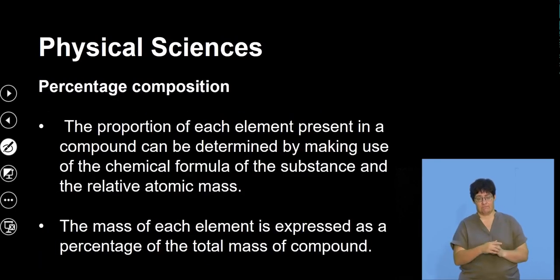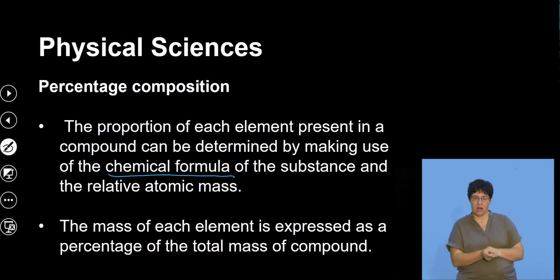So what exactly is percentage composition all about in as far as compounds are concerned? The proportion of each element present in a compound can be determined by making use of a chemical formula. So we need to have the correct chemical formula for us to be able to correctly determine the percentage of each element that makes up a compound.